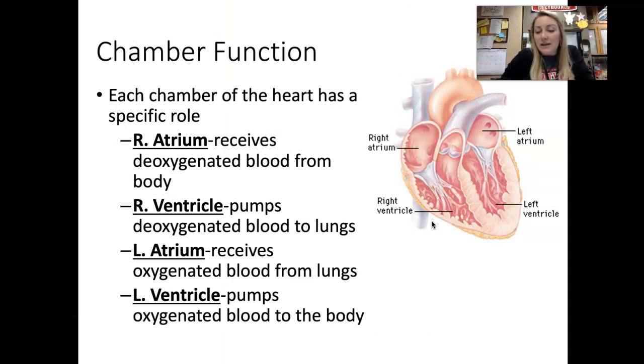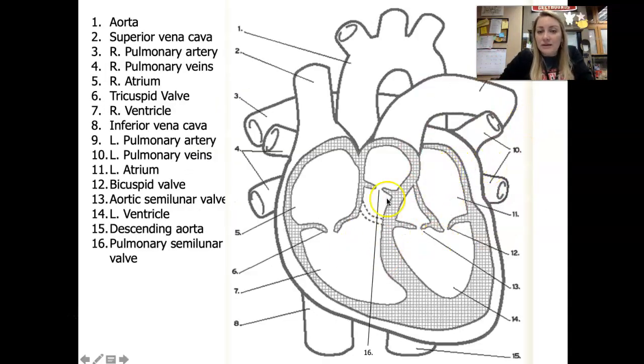We can also talk later about leaky valves and how things move back and forth, because we'll talk about this duct that closes up. We don't actually need this side of your heart before you're born, because you don't have working lungs before you're born, right?